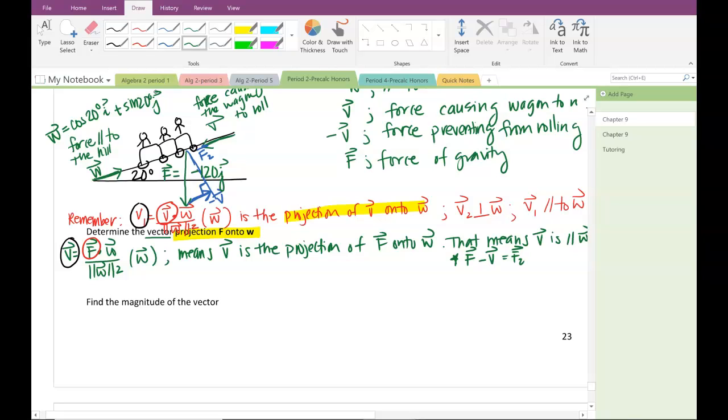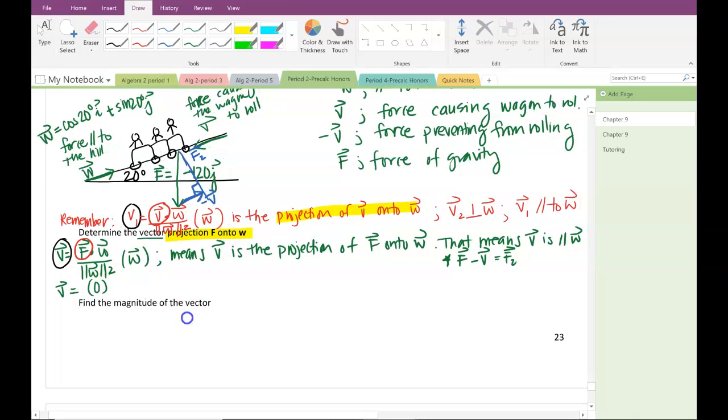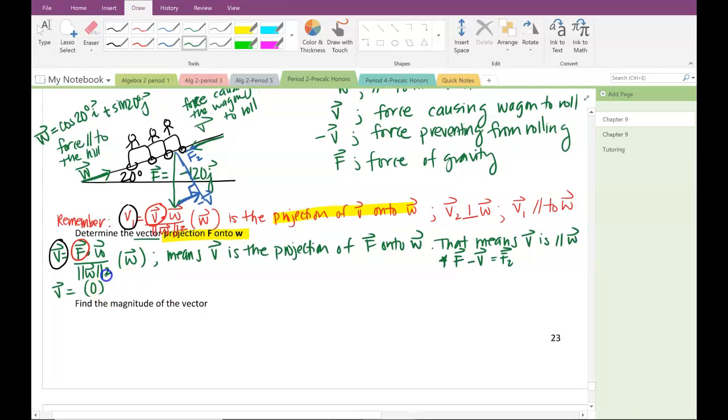So let's do the dot product. You ready? Vector V equals 0, which is your A value for F, times cosine of 20 degrees, plus, sorry, that's already A2. Now we're going to do B1, which is negative 120 times sine of 20 degrees.